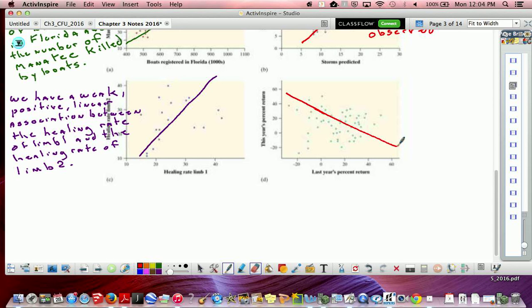But is this one strong? No, it's pretty scattered. When you have lots of points, hopefully they start to cluster a little more than these do. So this one's definitely a weak negative linear association. Now it says between last year's, what is that?